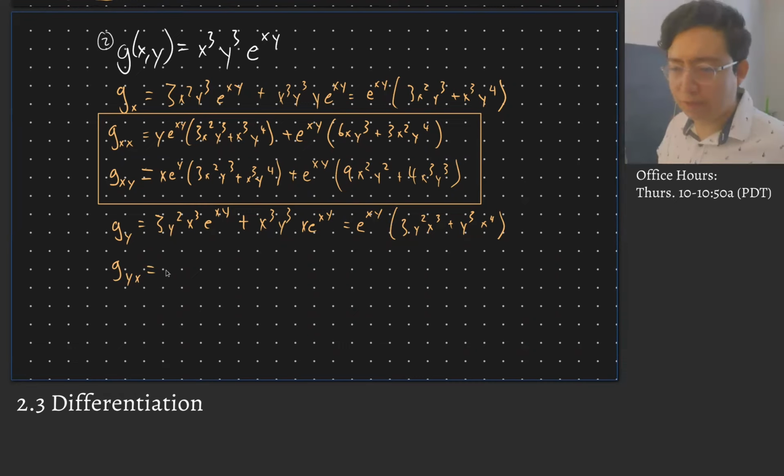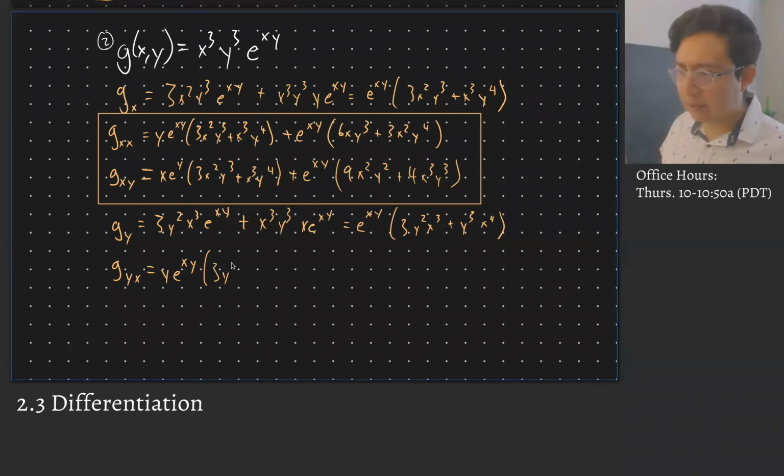So it's y e to the xy times, again, all of that stuff gets left alone. So 3y squared x cubed plus y cubed x to the fourth.